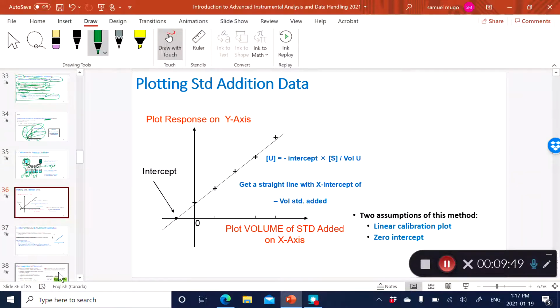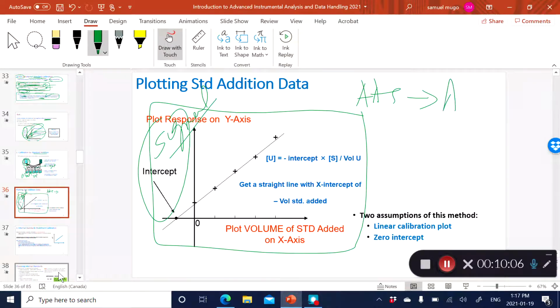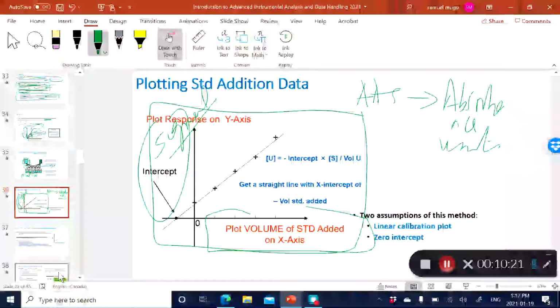And then you can generate a linear calibration. Now, in this case, the y-axis remains the signal from the instrument. So, for example, if you're doing AAS, like you're gonna do this week, the signal in this case is gonna be absorbance units. All right. And then on the x-axis, in the case of a standard addition, you would plot the volume of the standard that you added in each volumetric flask.